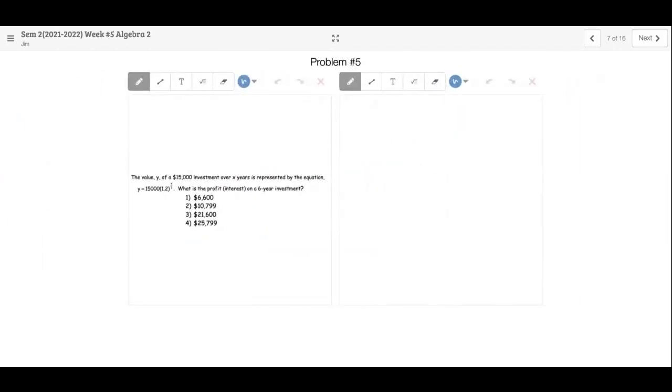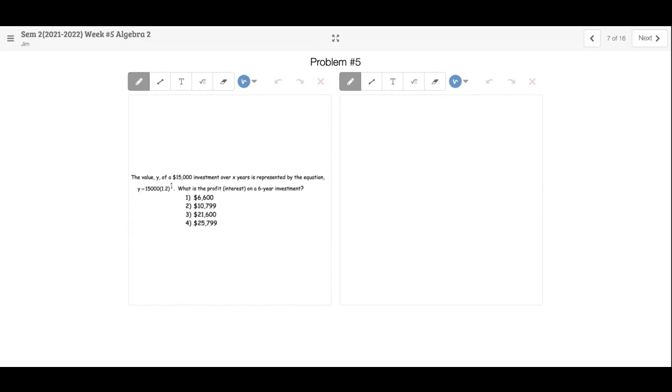All right, problem number 5. It says the value y of a $15,000 investment over x years is represented by the equation y = 15,000(1.2)^(x/3). What is the profit on a 6-year investment? Now, we're going to be spending more time with these types of problems next week, but remember, it's asking for what is the profit.